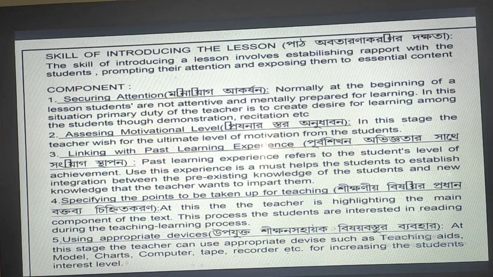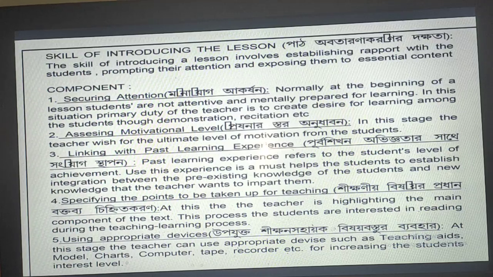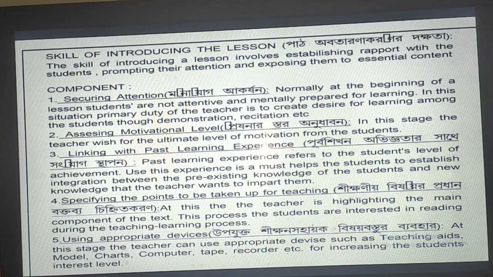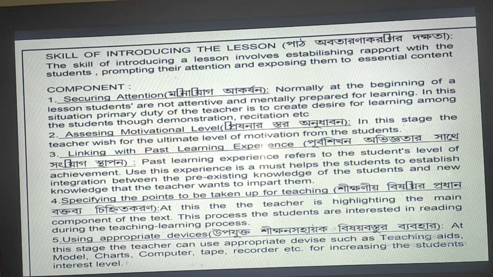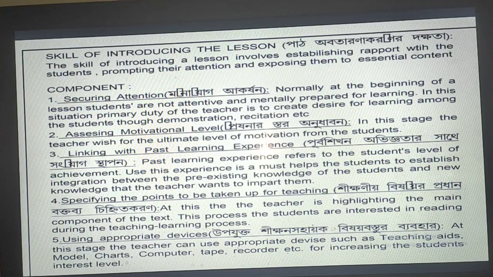Here, the teacher asks some questions. Through these questions, the teacher can assess the students' previous learning experience, and can create a bridge between previous learning experience and present learning.